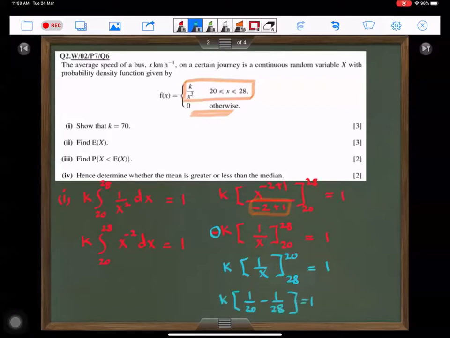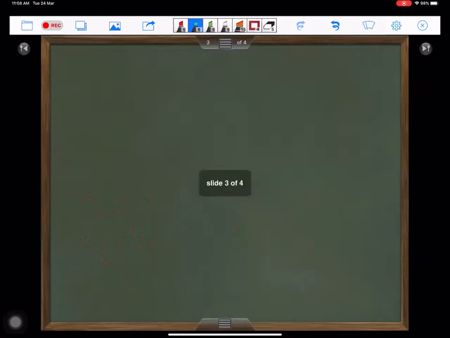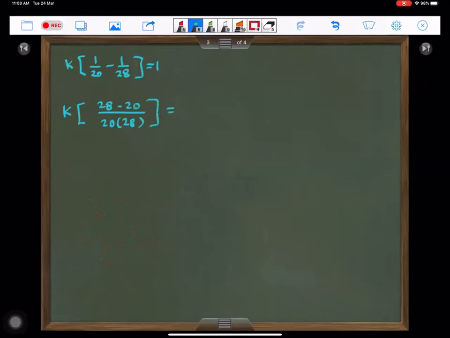Now, once you have done this, what is left? k remains as it is. Let me go to the next page, it's getting cluttered over here. On the next page, k as it is, 20 and 28, that is the product, and 28 minus 20, that equals 1.